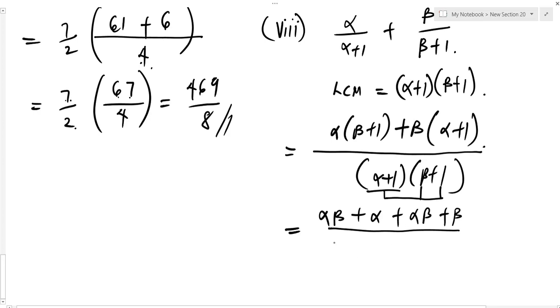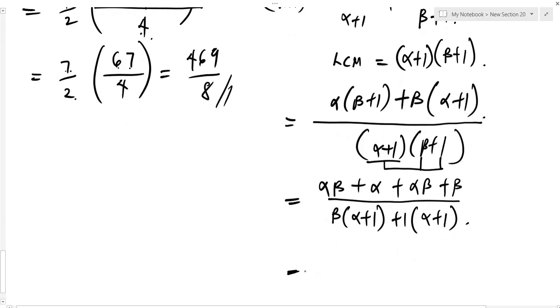So the first one will be beta times alpha plus 1, then plus 1 times alpha plus 1. If you expand it, it's just like the whole of this times beta, which is this, the whole of this times plus 1, which is this. So that is how to expand it.